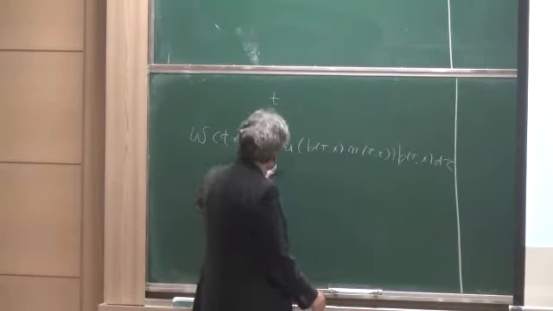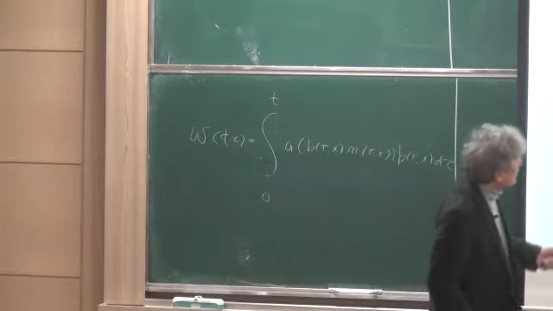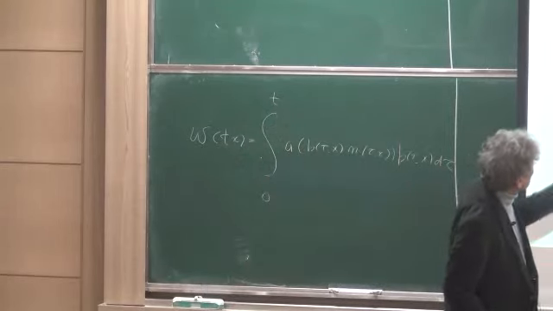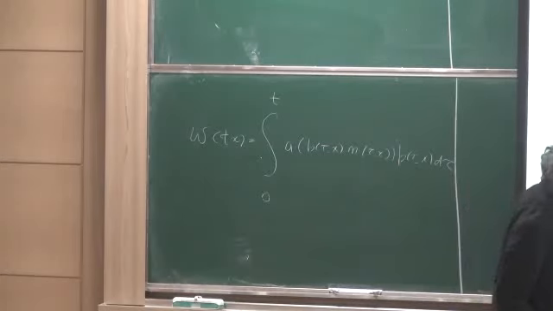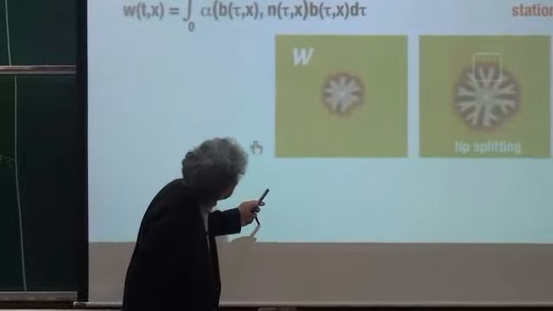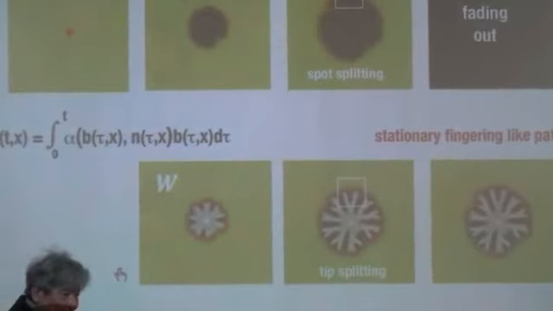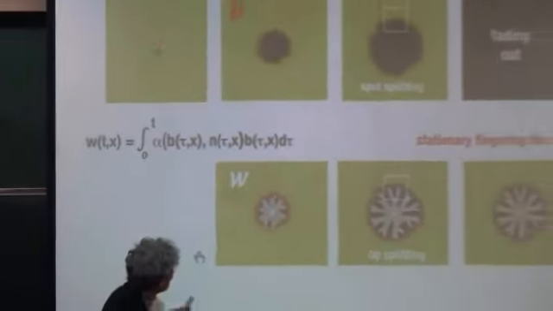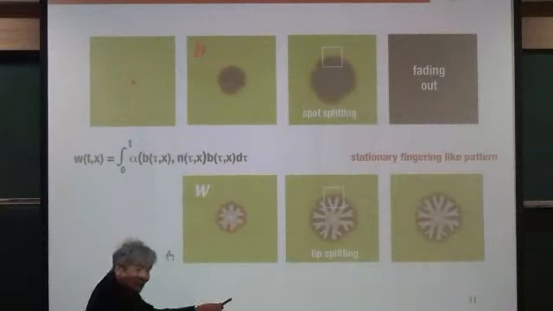And W is given by the history. Yes, like this. And then you can see this white part is W. Look at it, this is just tip splitting. One spot splits into two. It means the corresponding W is like a tip splitting of fingers.